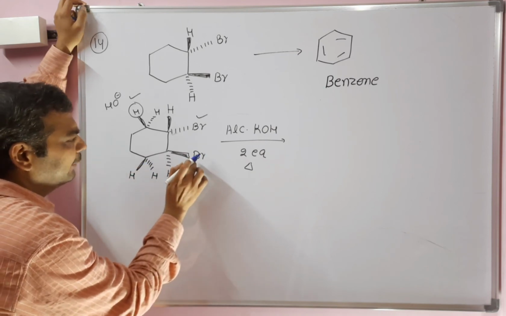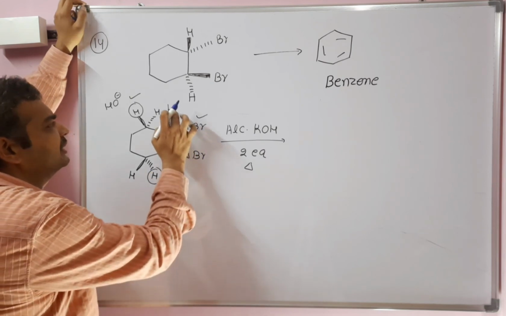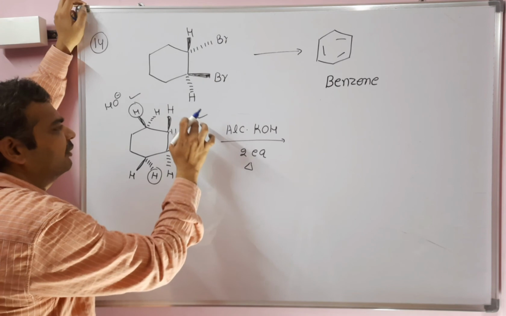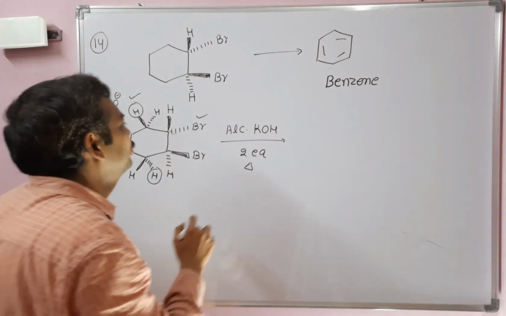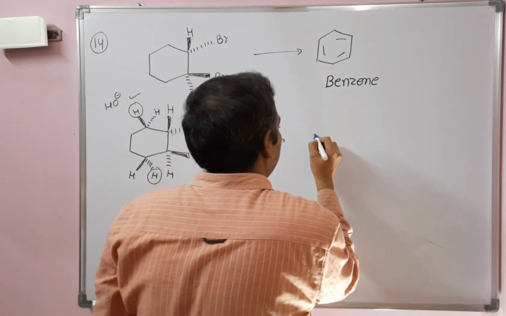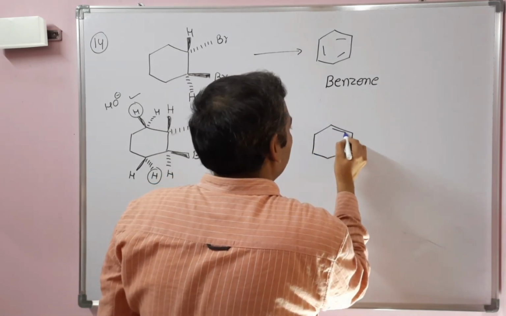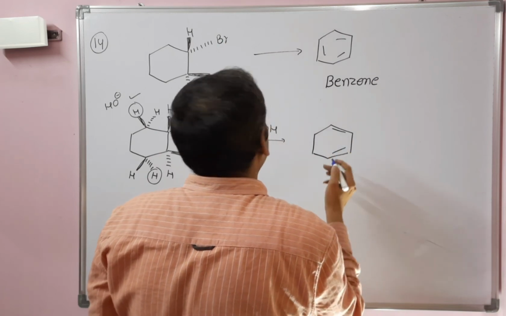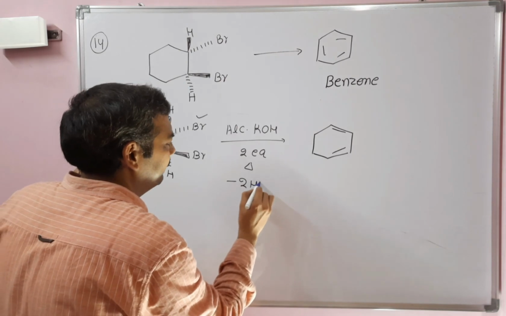Finally, after using two equivalents, we get a double bond here. So loss of 2 HBr takes place.